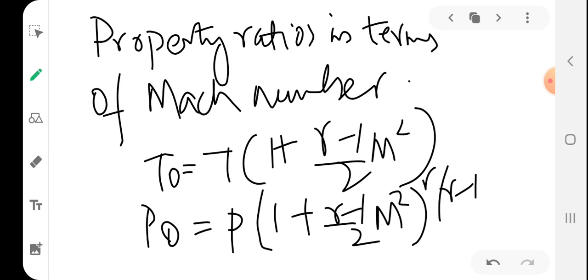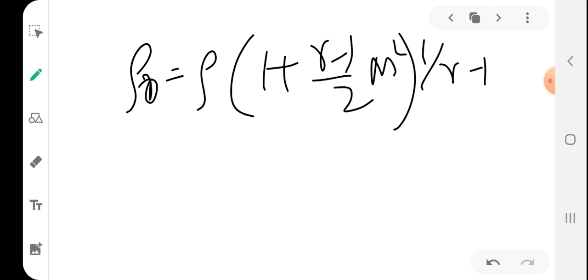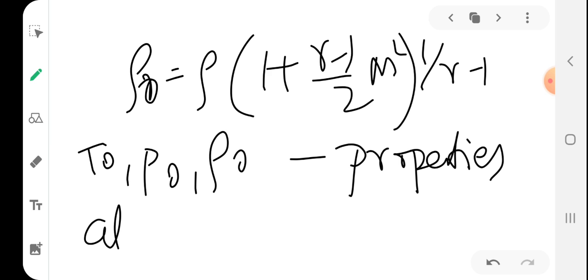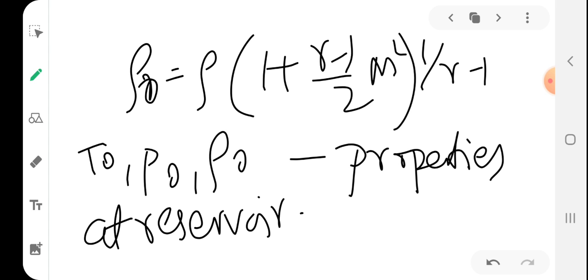Here T0, P0 and rho 0 are nothing but stagnation properties, or properties at the reservoir. Reservoir means the location where velocity is 0.